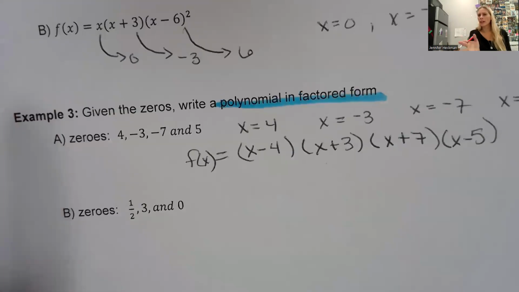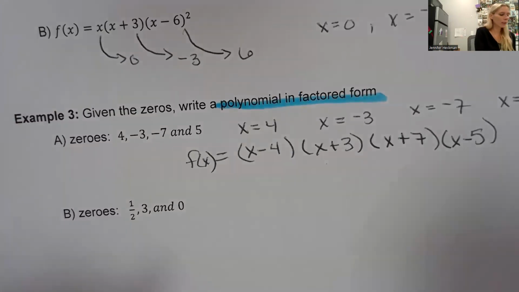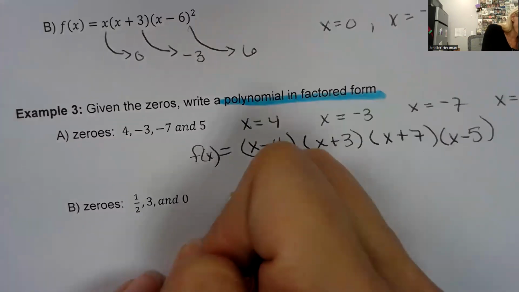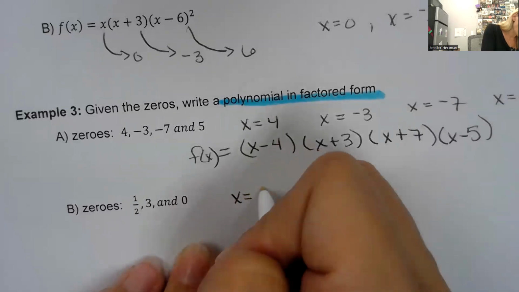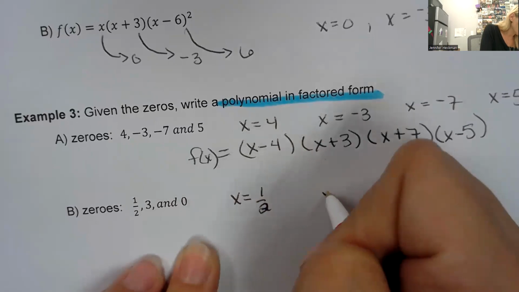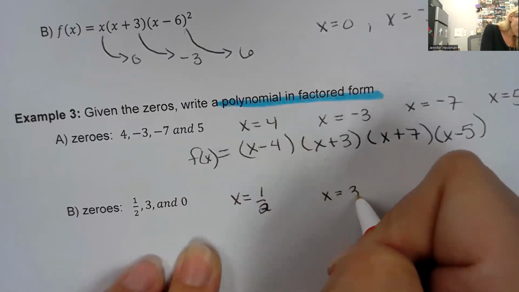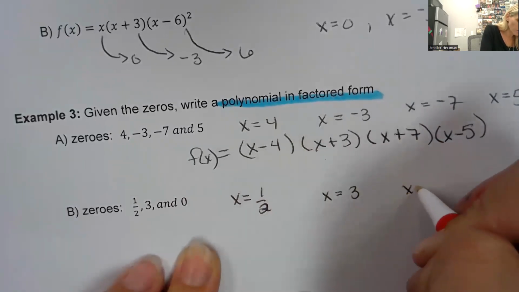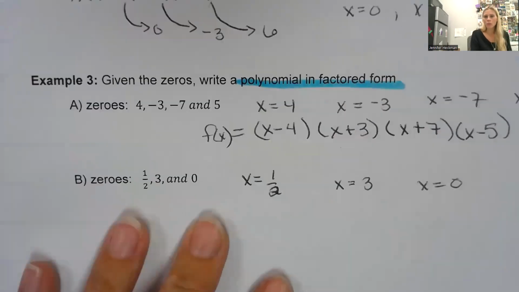Now, of course, I'm going to trick you up a little bit. So let's do something more difficult. What if I had x equals 1/2, x equals 3, and x equals 0? Okay, I'm going to use a little bit more room here.